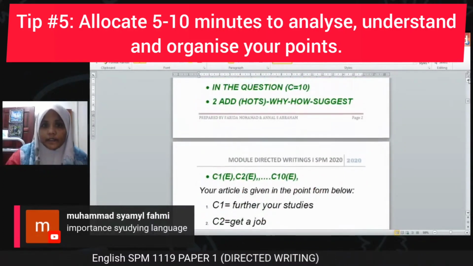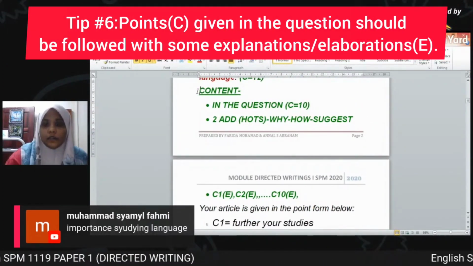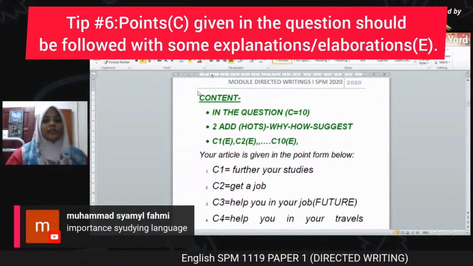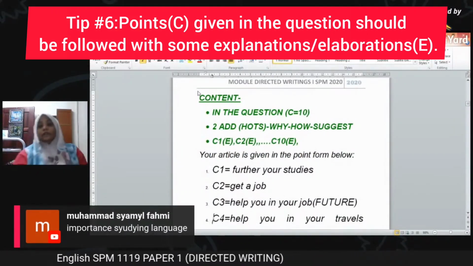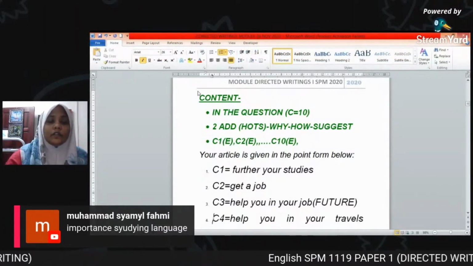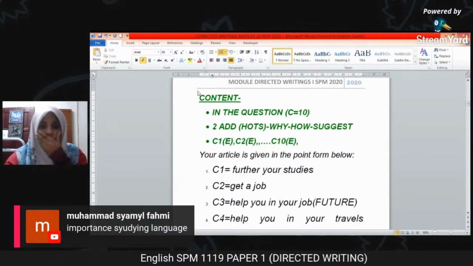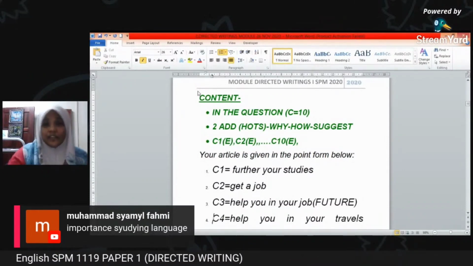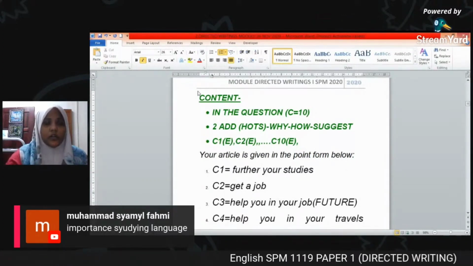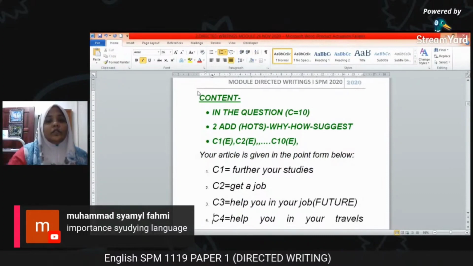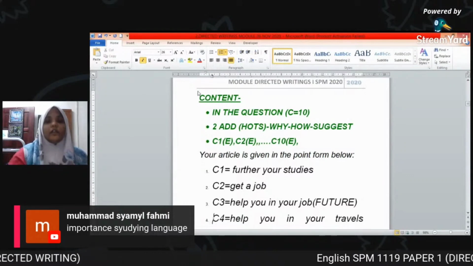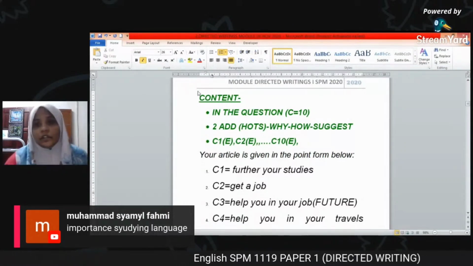Now, when we are talking about content, in the question, 10 points will be given, and you have to add another two additional points on how, or on why, depending on the question, or some suggestions on how to improve English, or why you think English is important.